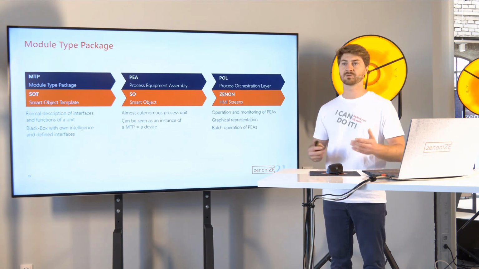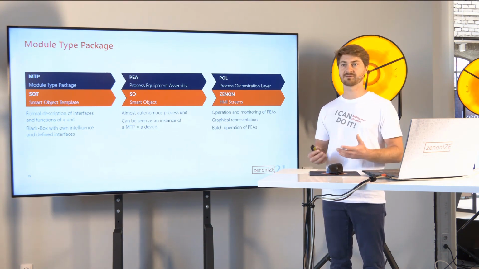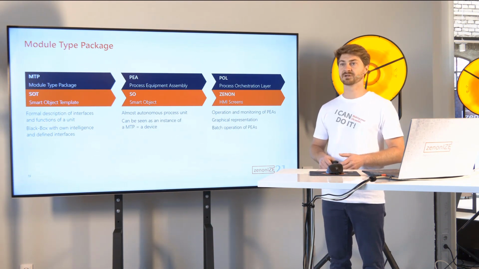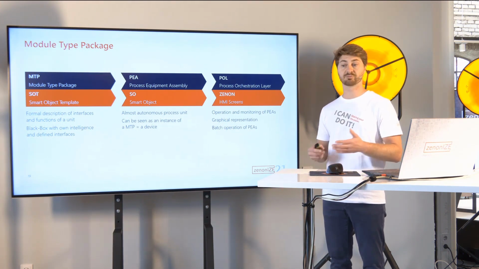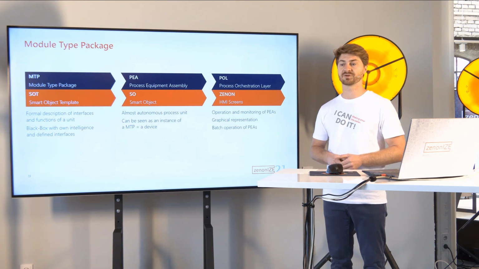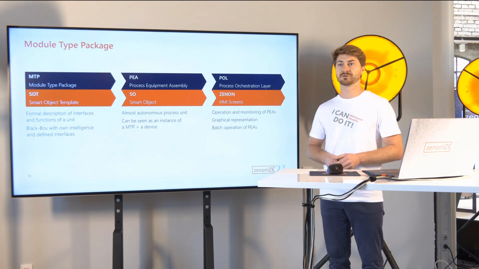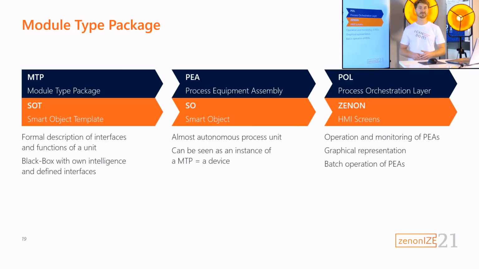As we heard from Anita, within a Smart Object template you can include different variables, functions, screens, whatever, and later you simply instantiate this template and you get a Smart Object, which can be represented by the PEA. And I guess you all know that Xenon is a visualization software; displaying graphics is our core business, as well as bringing up the communication between different devices.